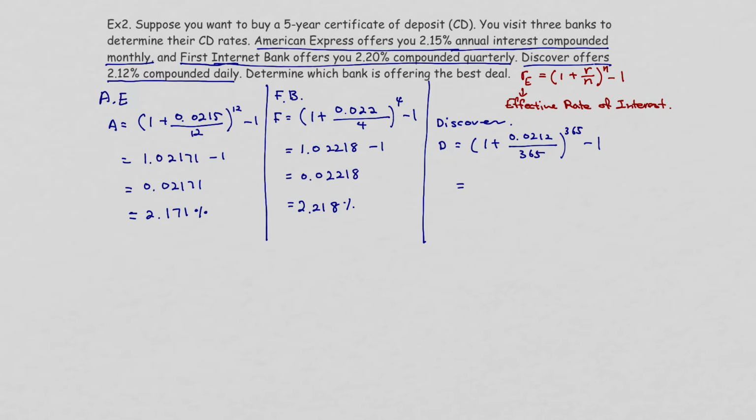This gets you this part. When you plug it into the calculator, you get 1.02143 minus 1, which gives you 0.02143. Changing to a percent, it will be 2.143%. So comparing all three, it looks like this is the best.